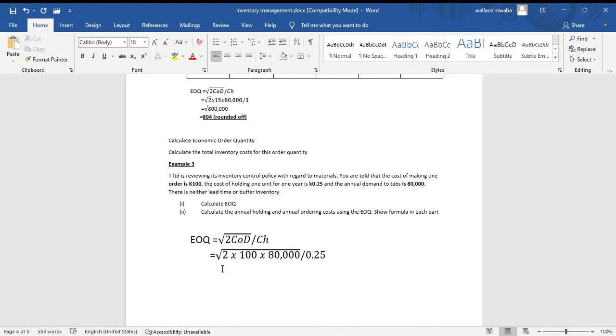Then divided by 0.25, we get 64 million.